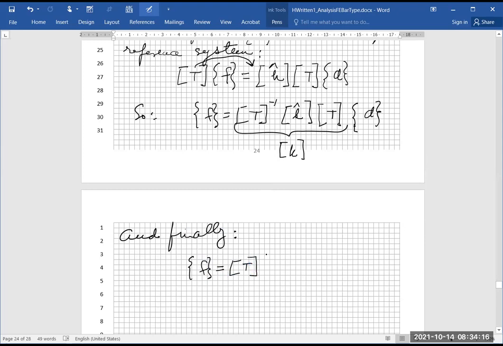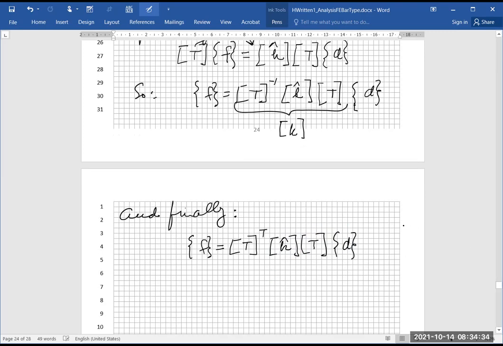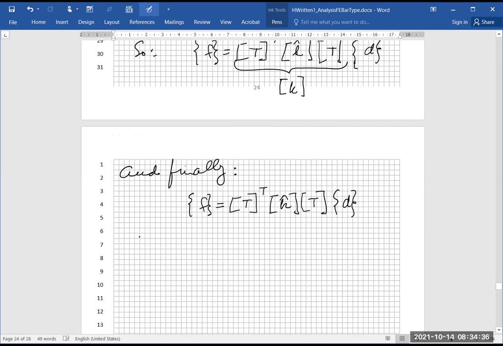It's the transpose of the transformation matrix times K and times T, and times the displacement vector. Okay, so this is just the result of the property of T. So this is going to be called little k, no hat.